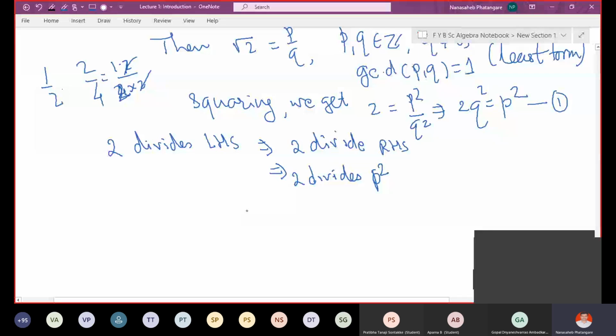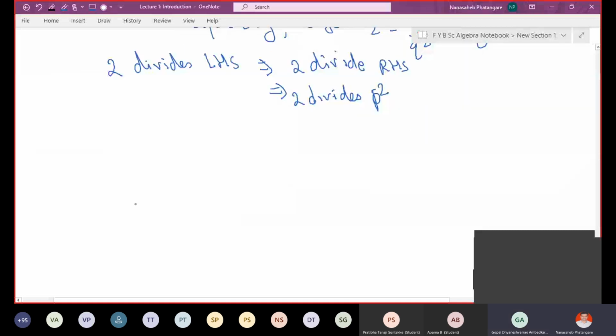But now 2 is a prime number. We don't know what p is, p is some integer, but 2 is a prime number, and if a prime number divides the square of some number, then 2 divides p.